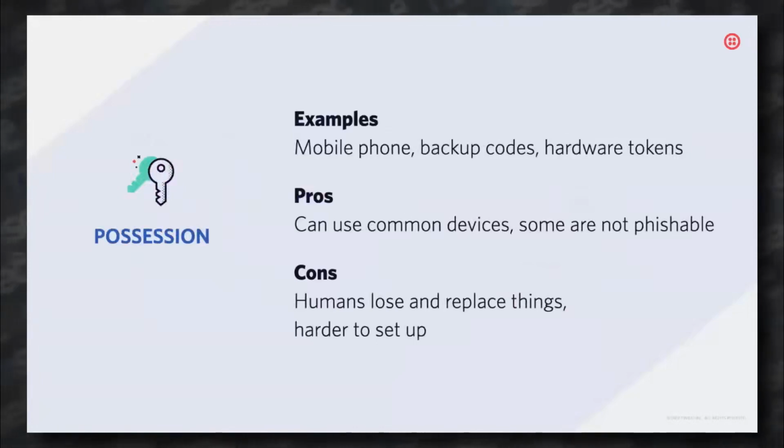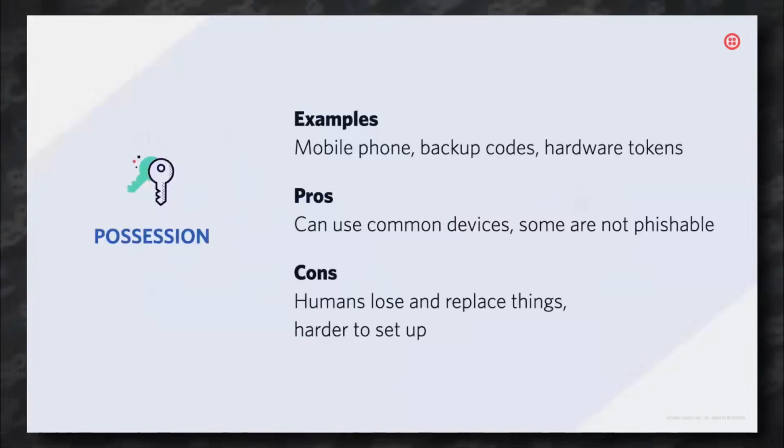But moving on to possession factors, these are something that you have. And these tend to be more secure than passwords because they can be harder to phish and don't get leaked in data breaches. So these could be things that you have, like your phone, backup or recovery codes, and hardware security tokens like YubiKeys. Of course, when it comes to something you have, people are people. We're all human, and we tend to lose and replace things.